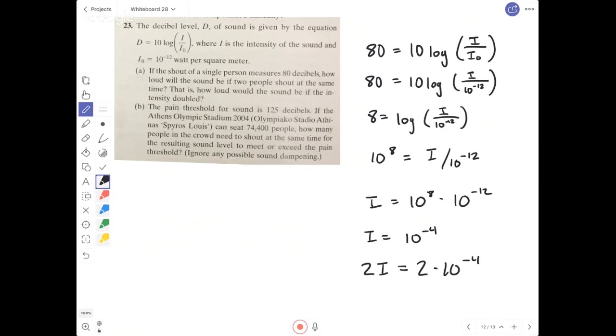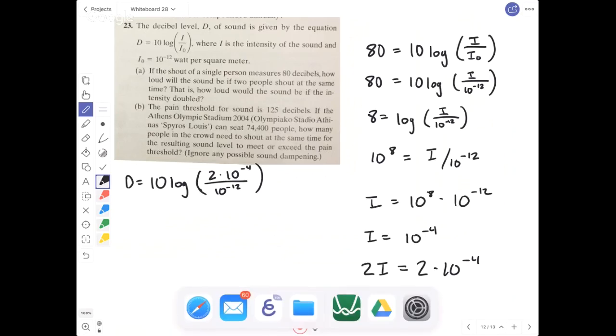So now I'm going to go back and find the decibels. Decibels equals 10 log of our new intensity, 2 times 10 to the negative 4, over I naught, 10 to the negative 12th.